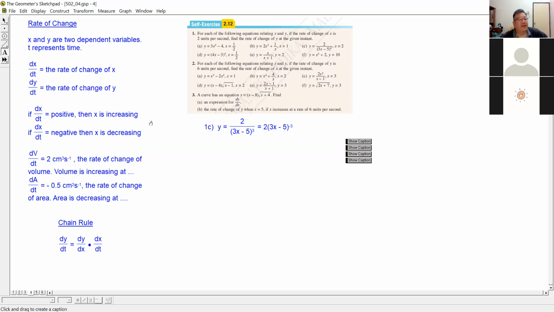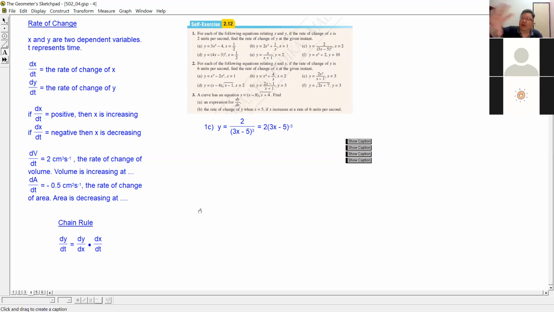Now let's say, for example, dV/dt equals 2 cubic centimeters per second. What does dV/dt mean? dV/dt means the rate of change of V. If V represents the volume, then dV/dt is the rate of change of volume.